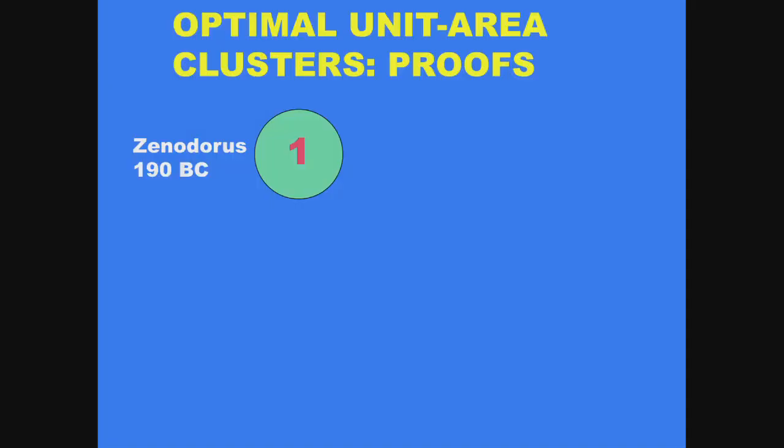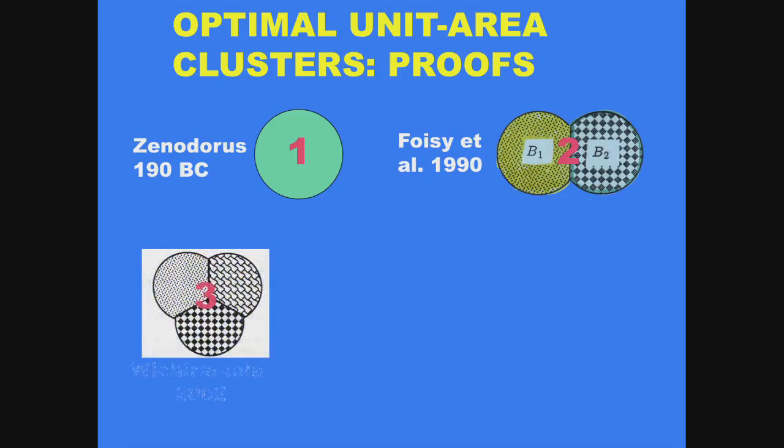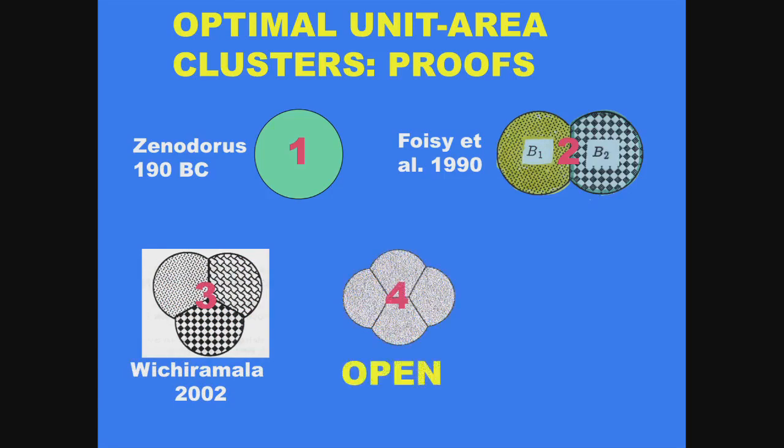So here's the whole situation in the plane, what's known. Best single bubble, yes, that was ancient Greeks, Zenodorus. Best double bubble, this group of students did the work in 1990. Best triple bubble, Wichiramala, 2002. Best quadruple bubble for equal areas in the plane, open today.